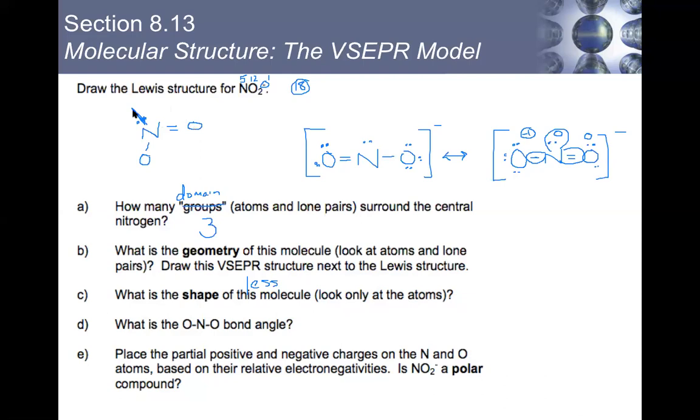So you always have to remember, if this were a single bond, what would the bond angle be? Looking only at the atoms, this lone pair pushes these down and it makes it bent.